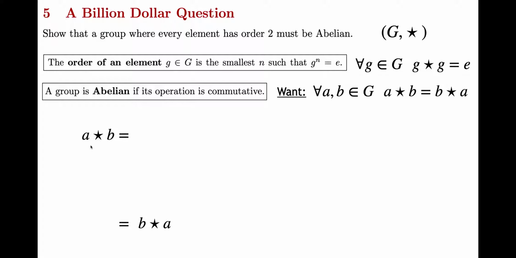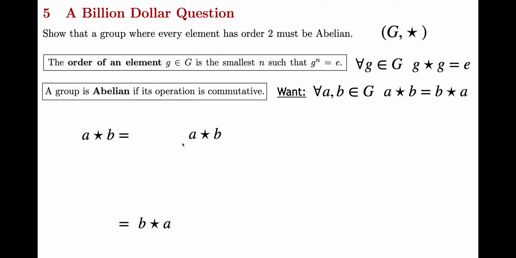Okay, so we know A star B is of course equal to itself, but we need to do some manipulation to this. One thing we can do is apply the star operation with the identity element, since we know that doesn't change what we're dealing with here. So we can do A star B star the identity, or the identity star A star B. Since the order of every element in this group is 2, we have a really nice way of writing down the identity in terms of an element star itself.